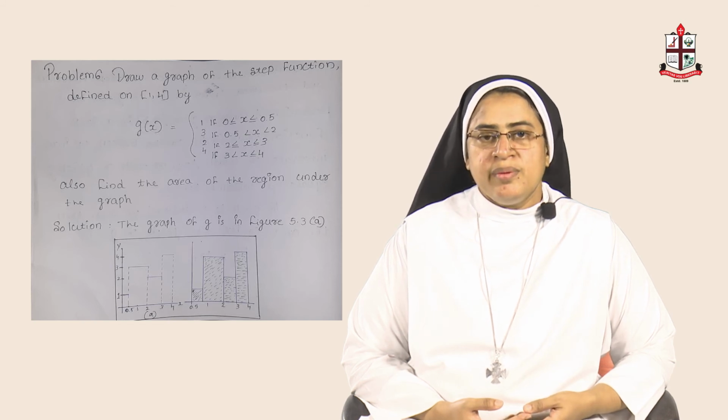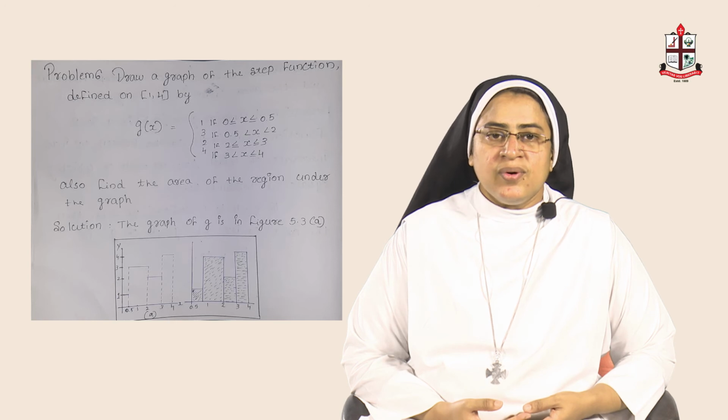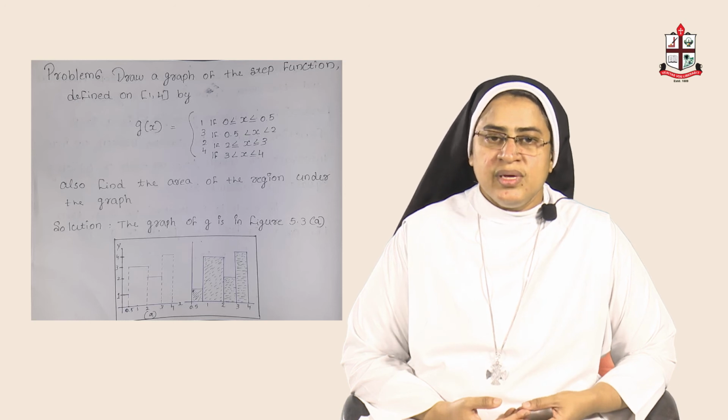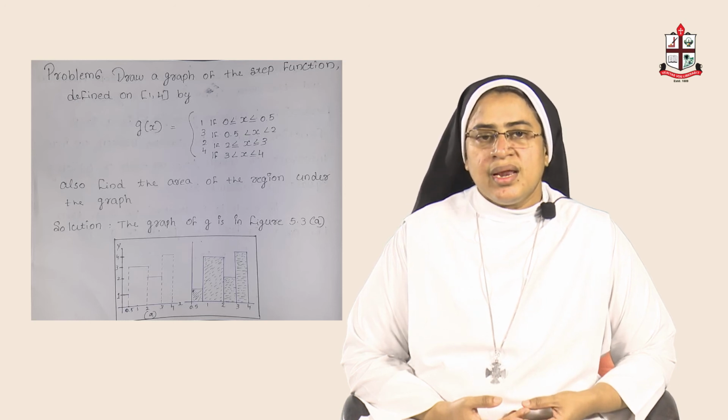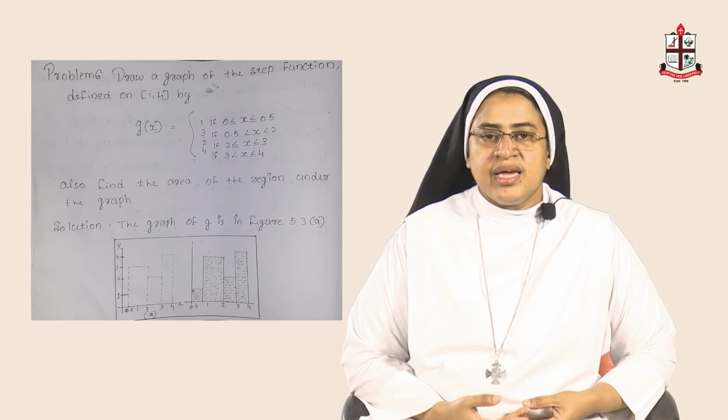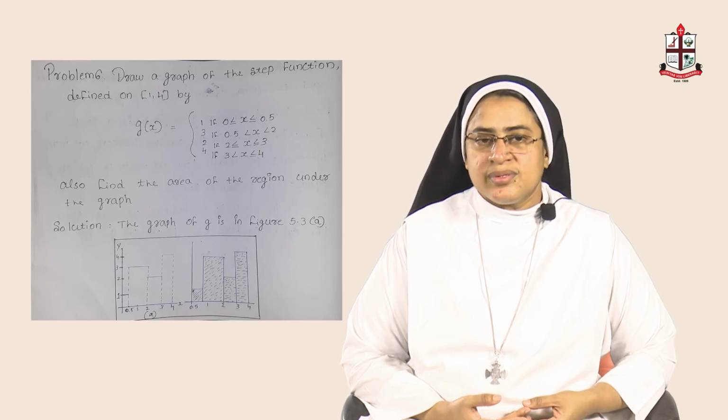First value 1 in the interval 0 less than or equal to x less than 0.5. Next, the value of g becomes 3 if 0.5 less than x less than 2. The next value 2 if 2 less than x less than or equal to 3. The last one, the value is 4, the fourth step, 3 less than x less than or equal to 4. How will you find the area of the region under the graph is also asked.